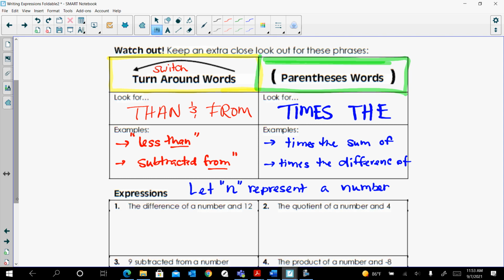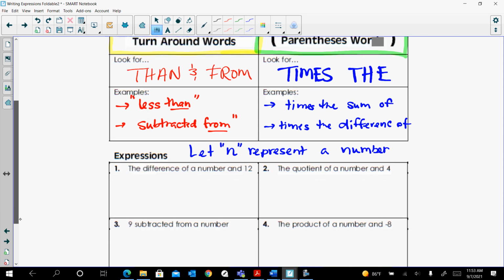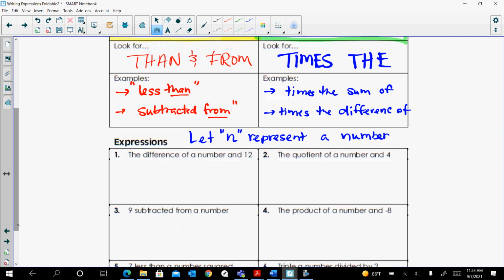Okay, so expressions are just showing operations, and we have no inequality symbols or equal signs. So the key to this, guys, is can you identify the keyword, the key operation word?